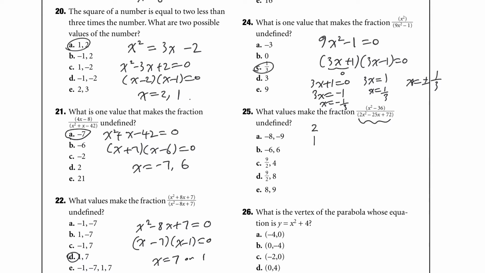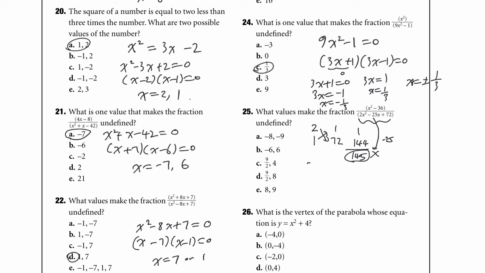So let's try 1 and 72. So you write it like this, and then you cross multiply. So 2 times 72 is 144. 1 times 1 is 1. And you add these together. And this number that you add has to be equal negative 25. In this case, it's not. So that's not the right combination.